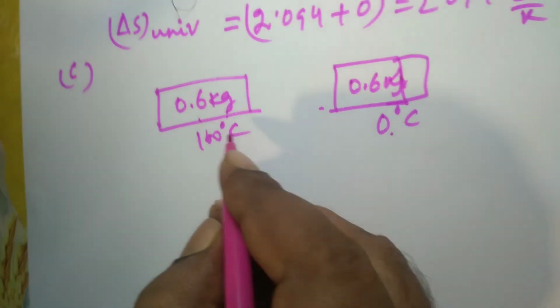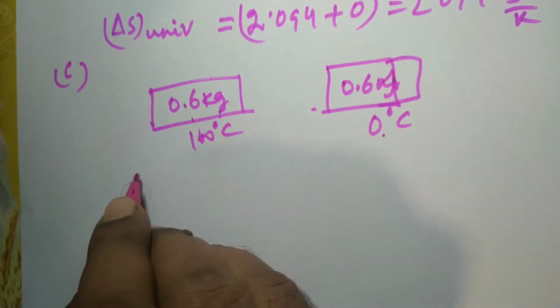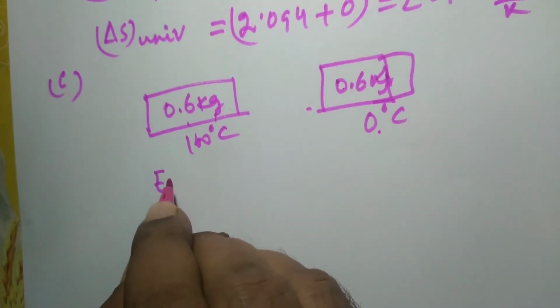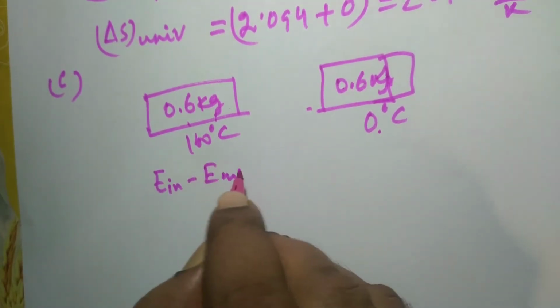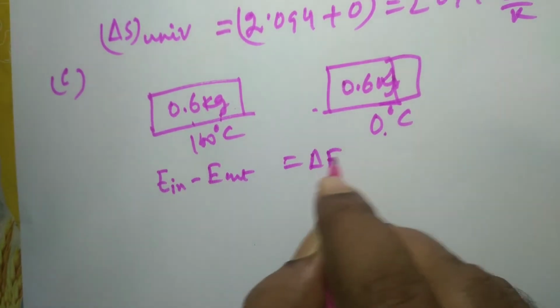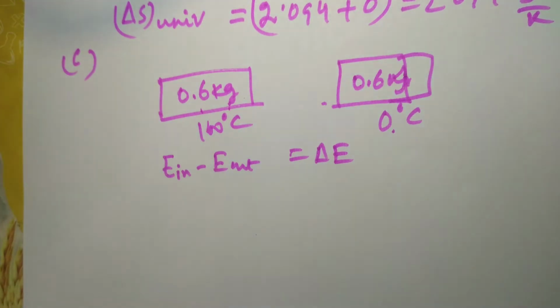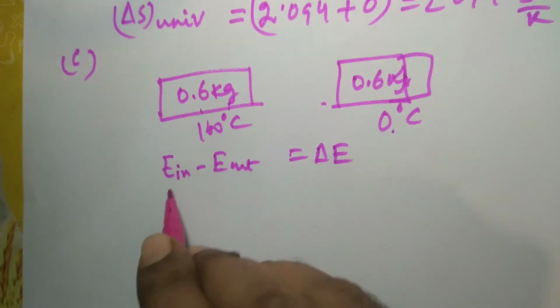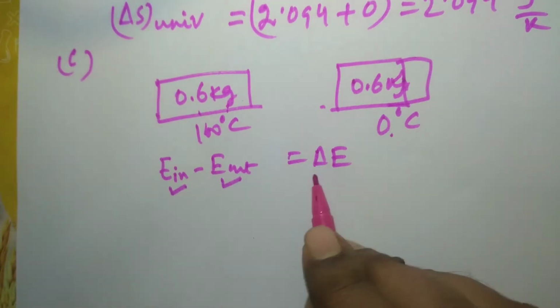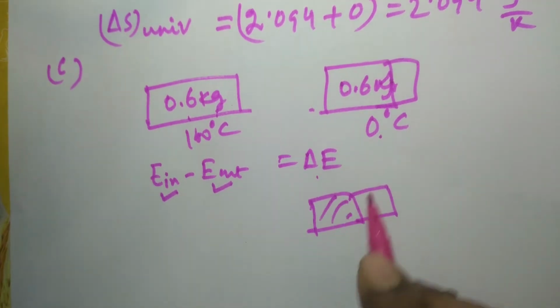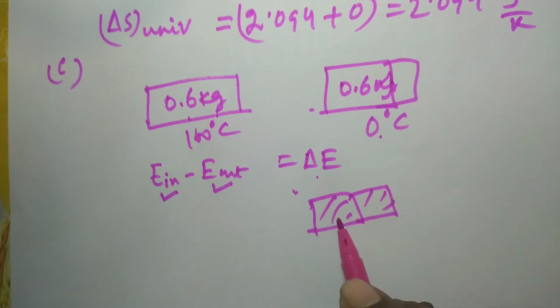If you apply the energy conservation principle, that is, for any system, E in minus E out is equal to delta E. Here, if you take these two copper blocks as your system for analysis, there would be no E in, no E out. No energy is going into this system nor leaving this system.